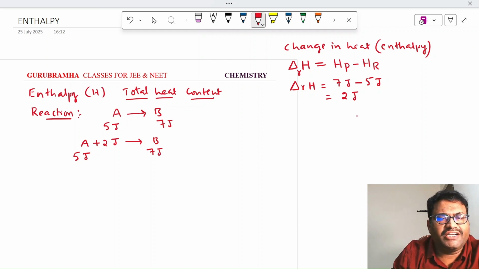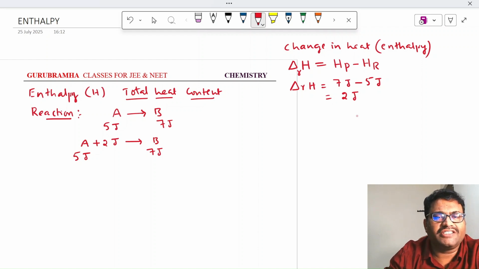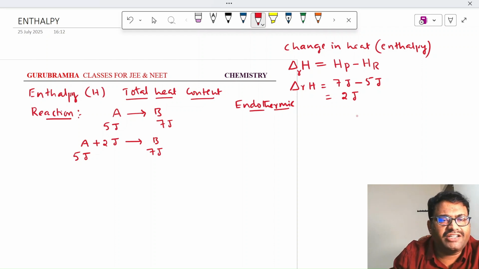We have studied that during a reaction, if net energy is absorbed, then that is called an endothermic reaction. This is one way of representing an endothermic reaction.